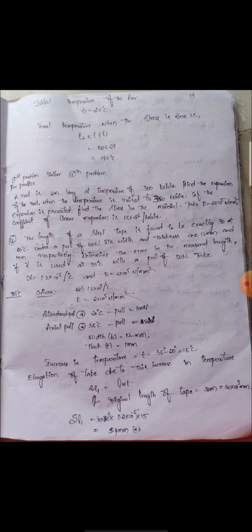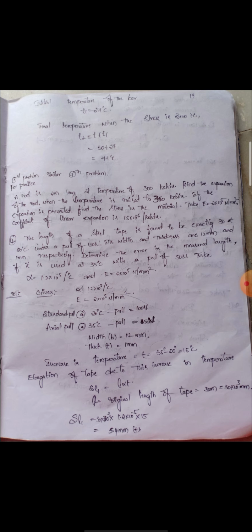For that, the E value equals 2 into 10 power 5 Newton per mm square, and the coefficient of linear expansion is 15 into 10 power minus 6 per Kelvin. So that is the alpha value and that is the E value.